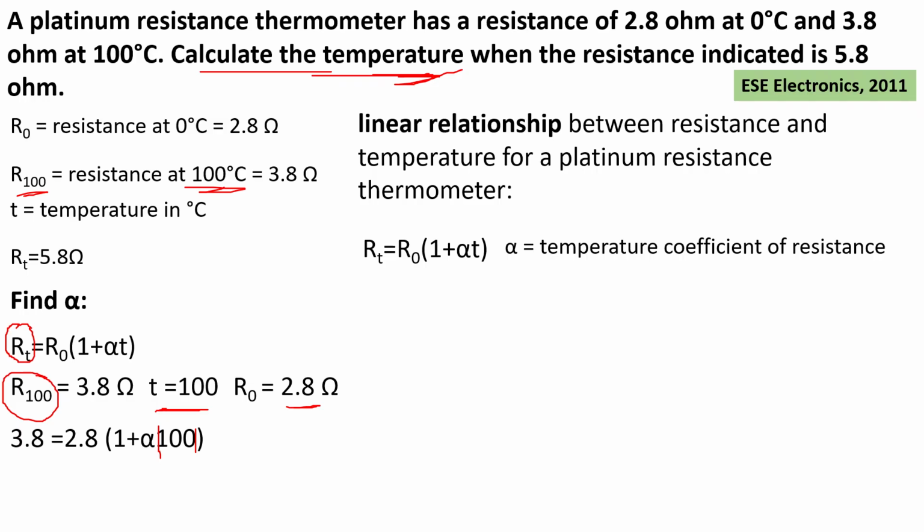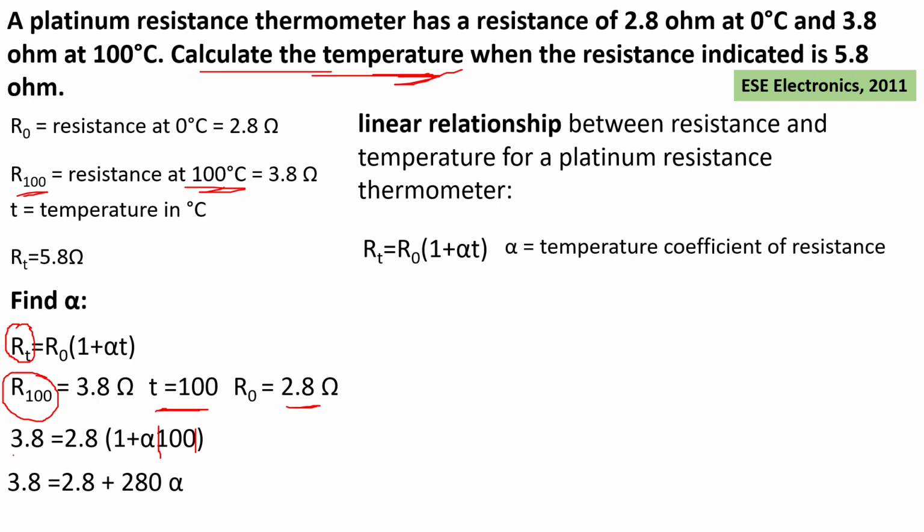Then this equation will become 3.8 equal to 2.8 plus 2.8 into 100 alpha, which is 280 alpha. So the equation is 3.8 equal to 2.8 plus 280 alpha.